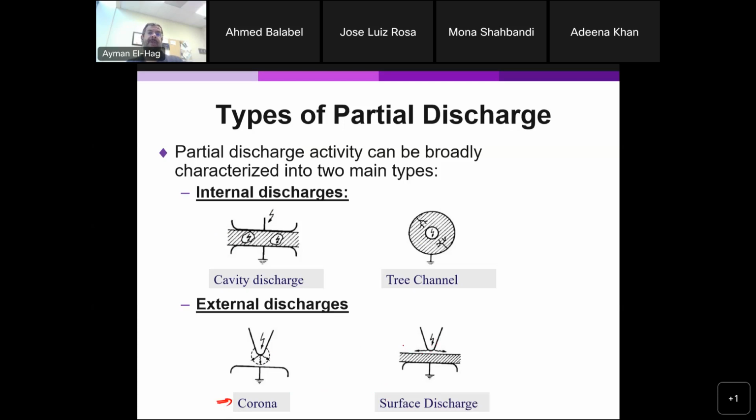For example, in ceramic insulators, this is the ceramic shell, this is the cap, and this is the ceramic. At this point, this is air. This is considered a highly stressed region, so you could have some sort of partial discharge on the surface. We call it surface discharge.